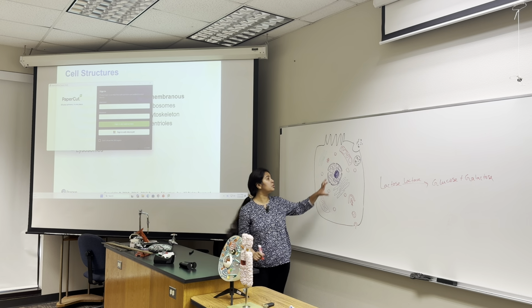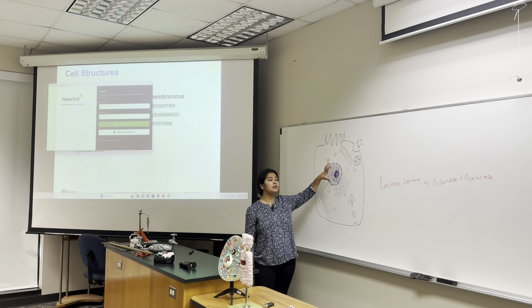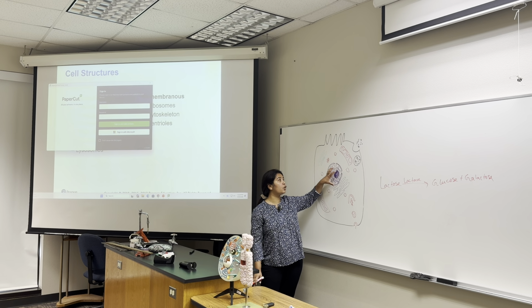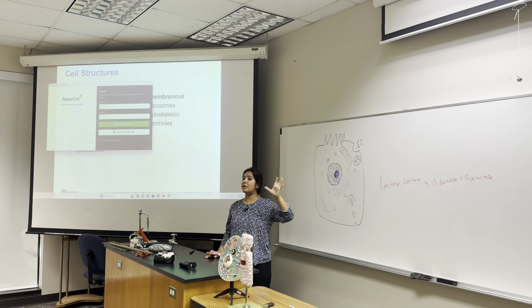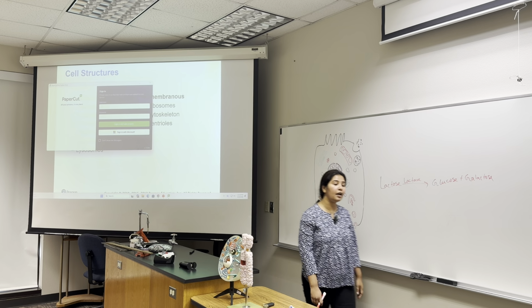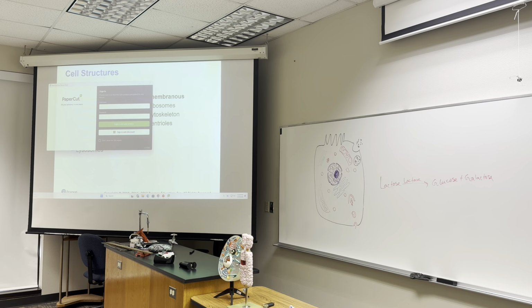So do you see why the nucleus is called the what? Control center, right? So the nucleus has the chromosome, actually the chromatin. Chromatin is made up of DNA and protein, but we are talking about the DNA, which has the gene. The gene is basically the DNA.